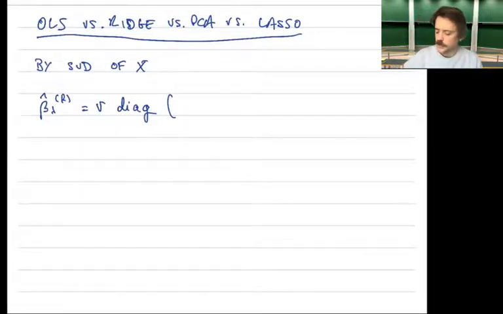I think there was a typo in this, which I hope I corrected in the notes. I said that we were going to assume that the columns of capital X were centered and had variance 1. It was pointed out by one of you, and I'm thankful when you point out typos, that I had written X transpose X equals the identity.